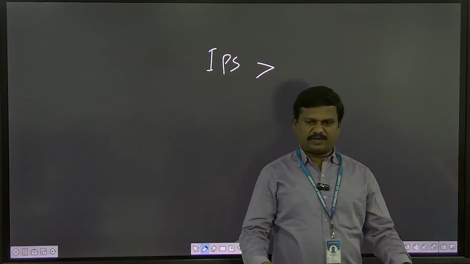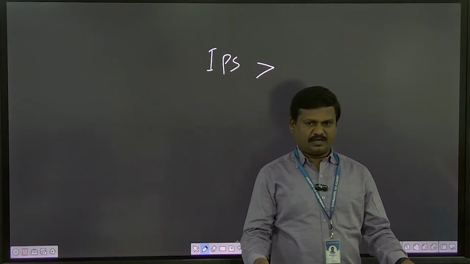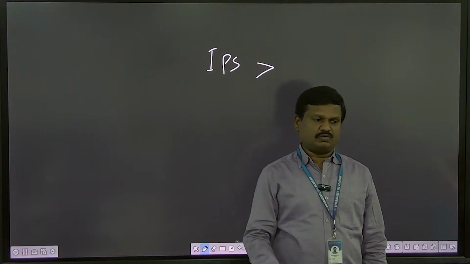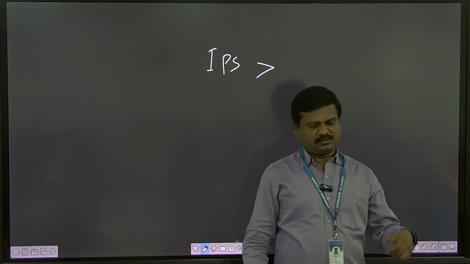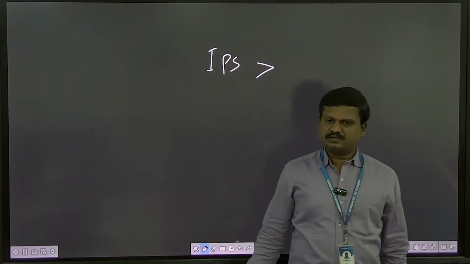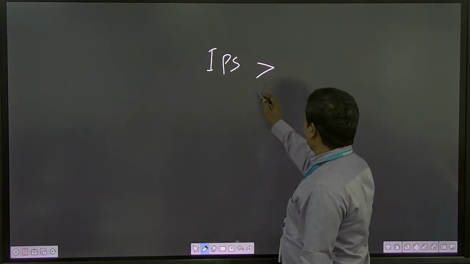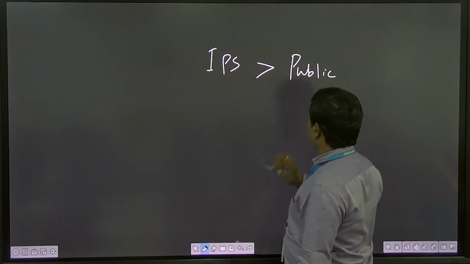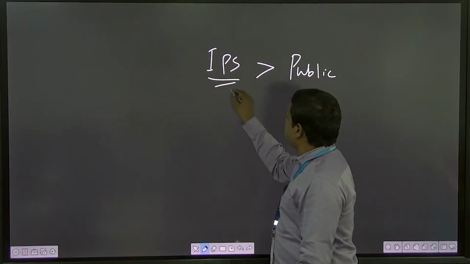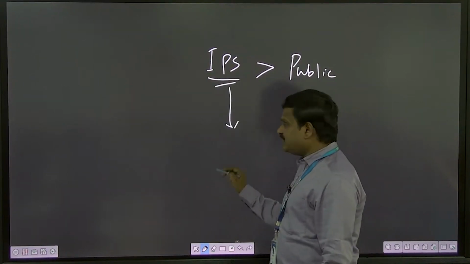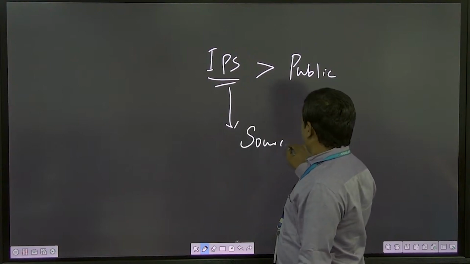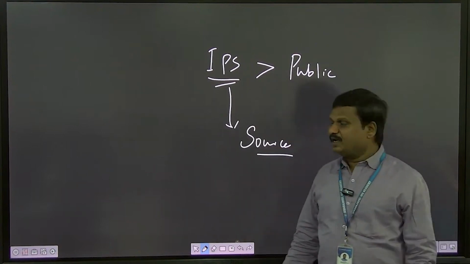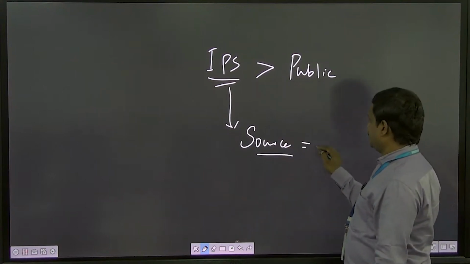So you are a passerby, a two-wheeler person or a four-wheeler person. Who told that I should not go? The IPS officer has given the order. You accept it. So the IPS officer has more power over the public. Why? Because he is IPS. This IPS is the source of power. For the teacher-student case, knowledge is the source of power. In the IPS case, the source of power is IPS itself.